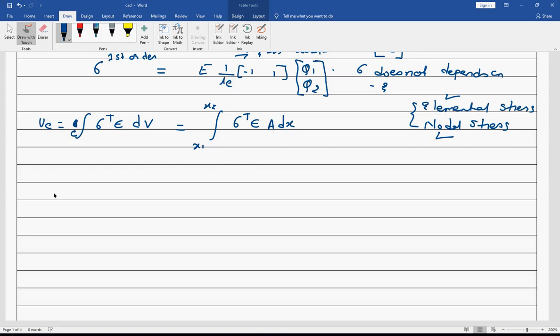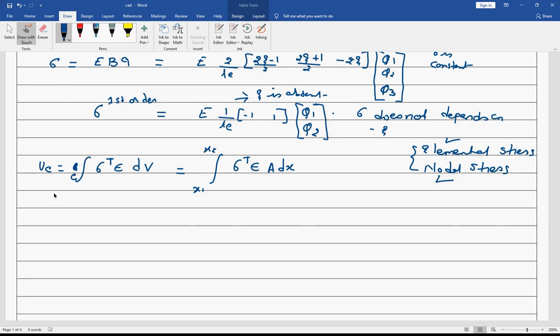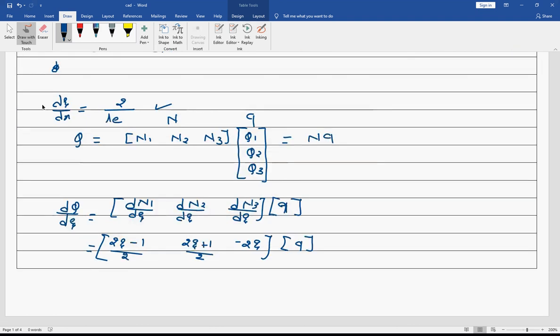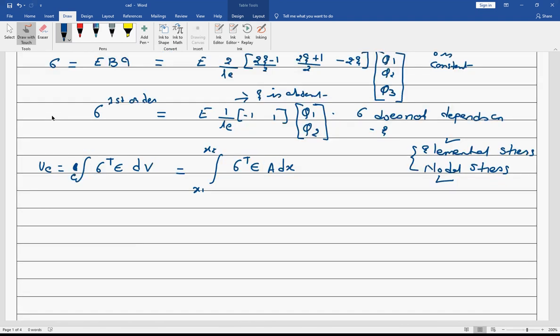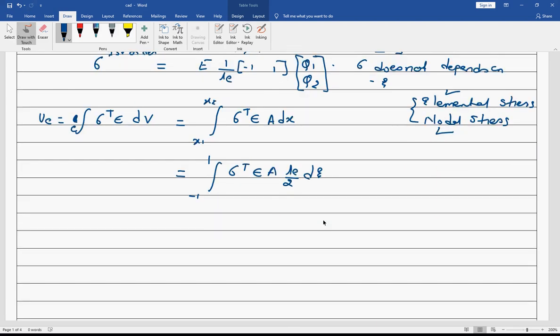Recently we have seen d xi by dx is 2 by Le, therefore dx will be Le by 2 into d xi. So I write this as integration from -1 to 1 of sigma transpose epsilon A Le by 2 d xi. The limit is going to change, and I can now utilize Gauss quadrature integration formulas to get the solution quickly.